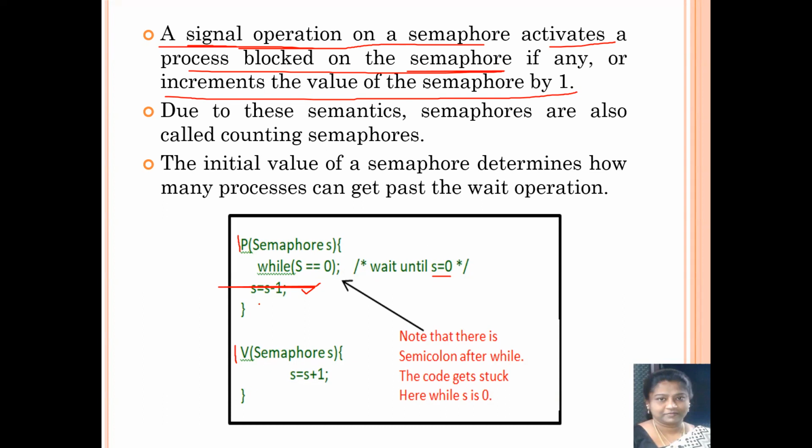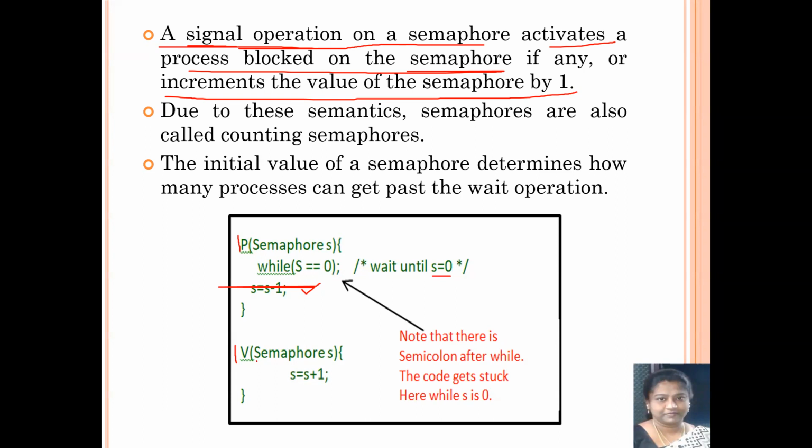Whenever the semaphore value is 0, you see a semicolon after the while loop. This indicates that the process will get blocked in the while loop itself, thereby preventing it from entering the critical section. Why does a process block itself? The reason is that some other process is already executing in the critical section, and hence this process will not be allowed to enter.